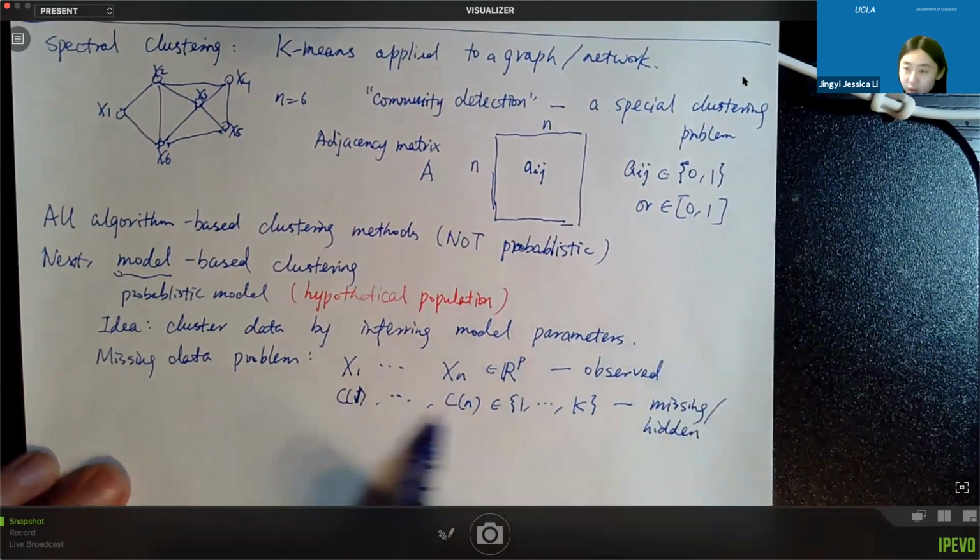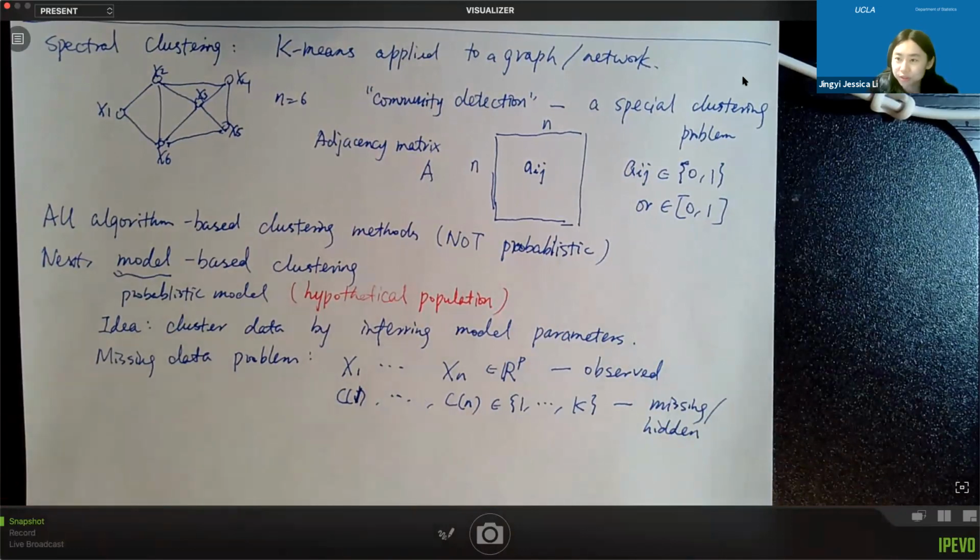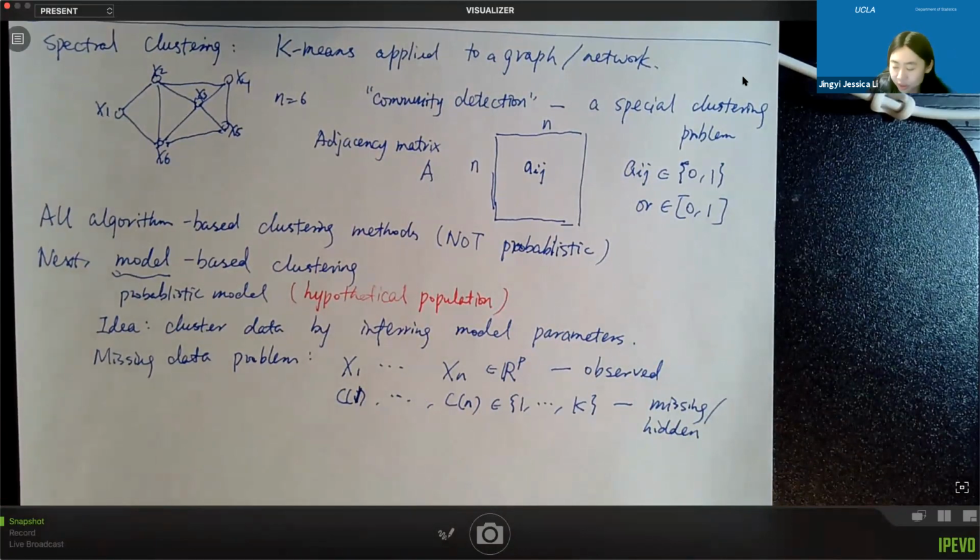If these were known, then we are actually in the supervised learning context. We know the label of each data point. For example, I'll use single cell data analysis as an example. There are many computational tools called cell type annotation tools.